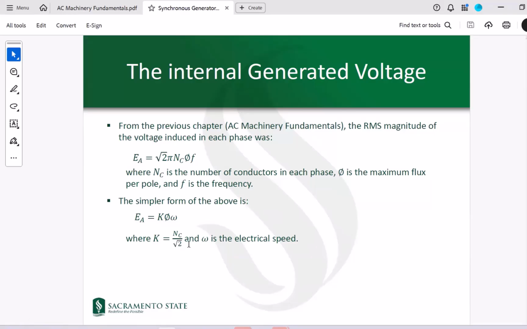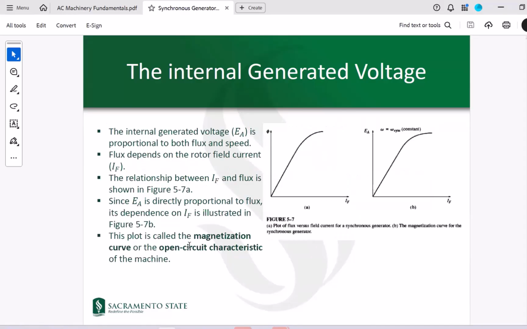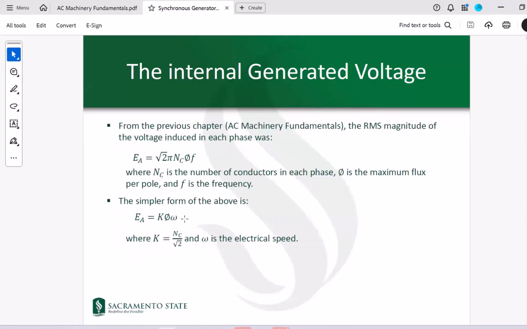All right. Based on that, you can get an idea of how the internal generated voltage, which is the voltage on your armature, would be produced based on what curve. So based on this, you can see that E would be a function of omega and phi.